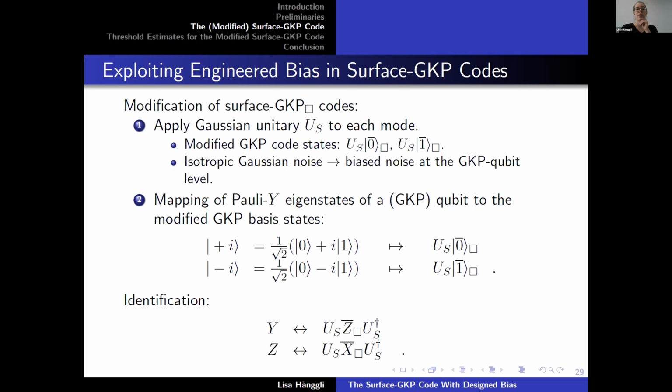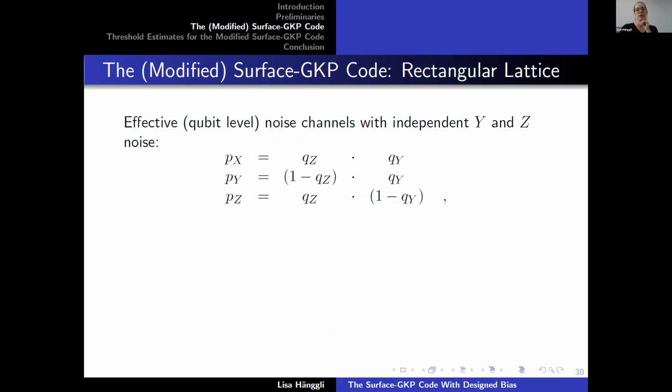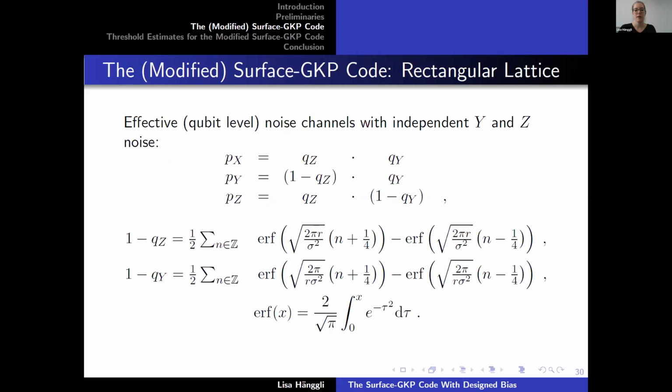Okay, so now for a rectangular lattice GKP code, this leads to an effective noise channel which has independent Y and Z noise. And more explicitly, these expressions Q_Z and Q_Y can be computed to be of the following form, where erf is the error function given below, sigma is the standard deviation of the Gaussian displacement noise, and R is the ratio.